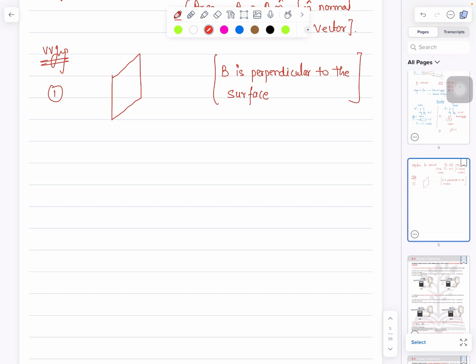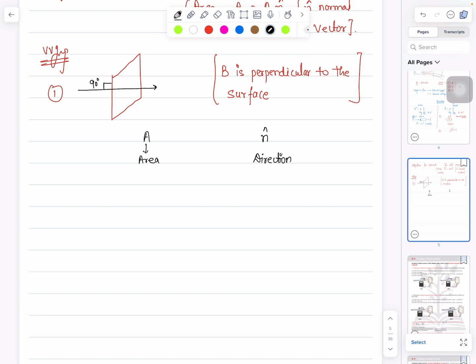How are you going to solve this situation? Let's say this is your magnetic field. Yes or no? So what is the angle here? 90 degree. But there are two things. One is A, which is called the area, and one is n cap, which is the direction.